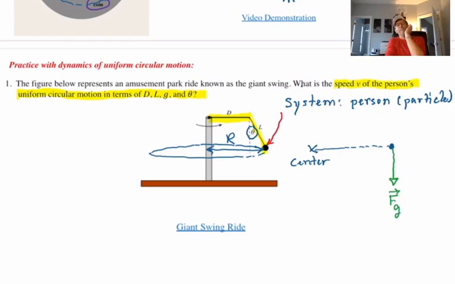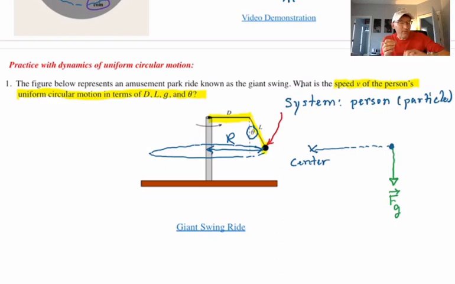What else? Interesting. Did you say a normal force? Don't feel bad if you did. A lot of people do. But guess what? There isn't a normal force on the person. Now, I'm thinking of the person, if you like, as the person-chair combo, okay? It's just a blob at the end of that cable.